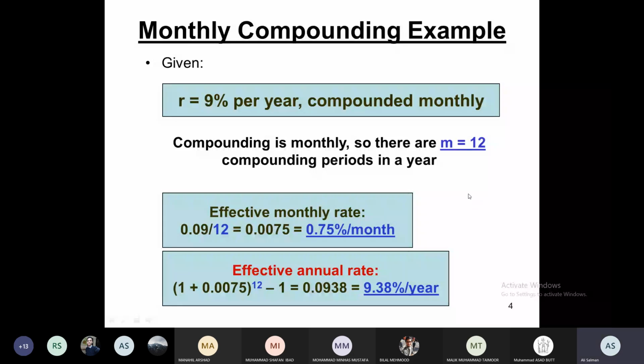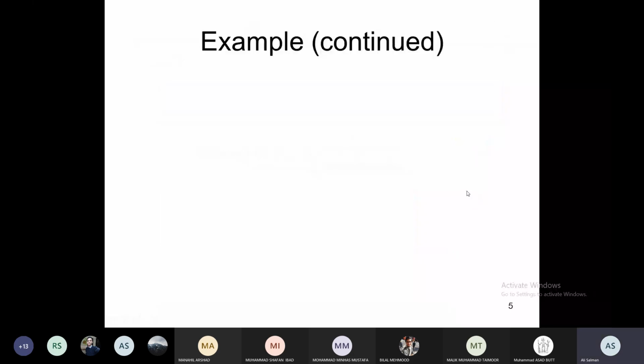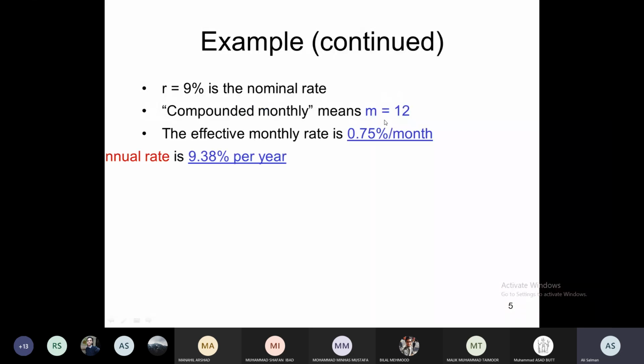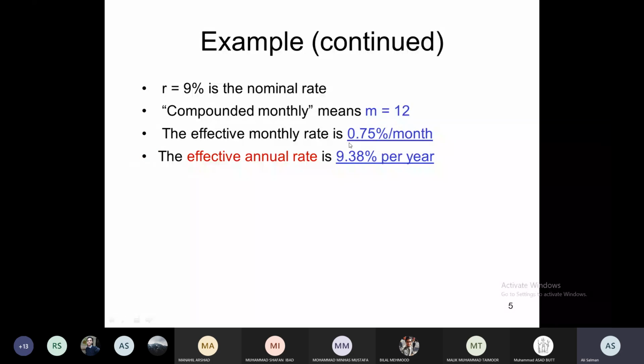Now moving towards the next example. Before that, some further detail: R is 9%, the nominal rate, compounded monthly means M is equal to 12. The effective monthly rate is 0.75%, and the effective annual interest rate is 9.38% per year.